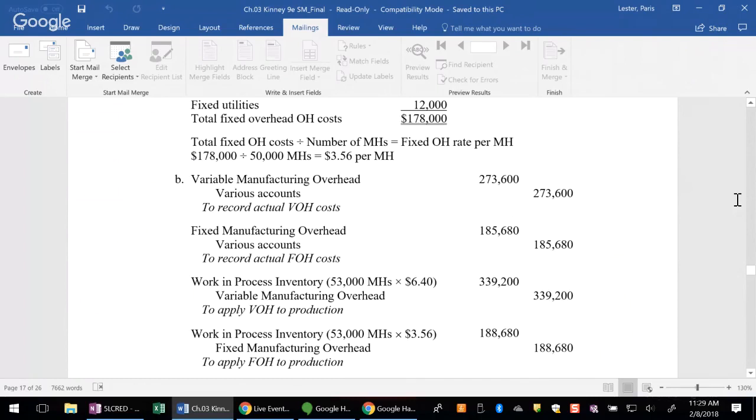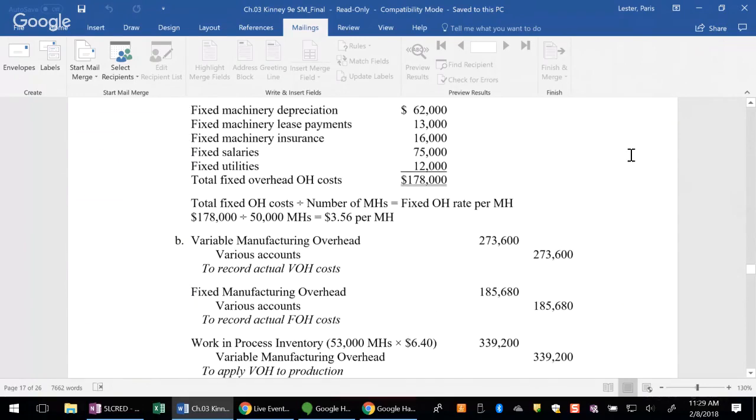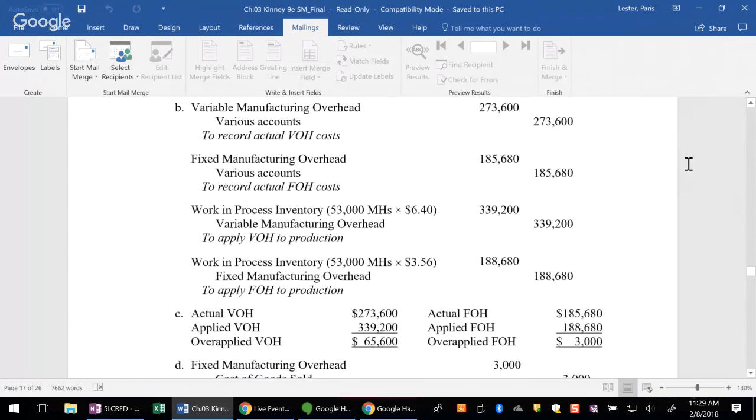Next question. What amounts of under- or overapplied overhead exist? That's easy. All we had to do is subtract there and get them. Make yourself a T account if you need to. Actual, applied, difference, overapplied.